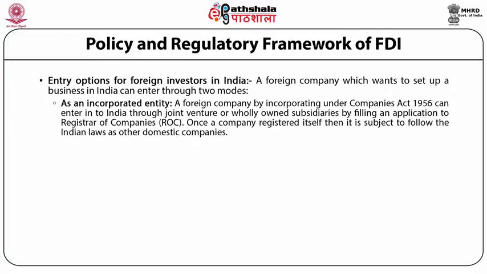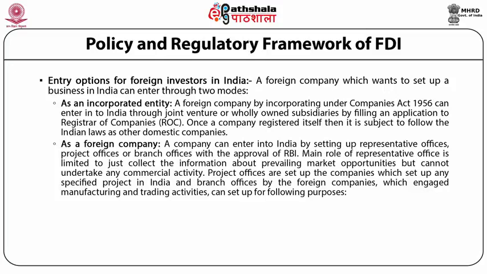Second option is as a foreign company. A company can enter into India by setting up representative offices, project offices, or branch offices with the approval of RBI. The main role of the representative office is limited to collecting information about prevailing market opportunities, but it cannot undertake any commercial activity.